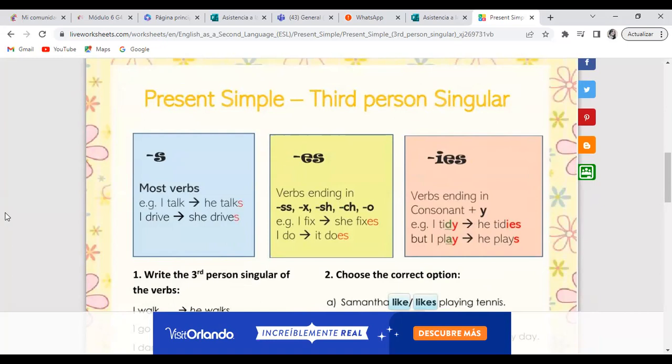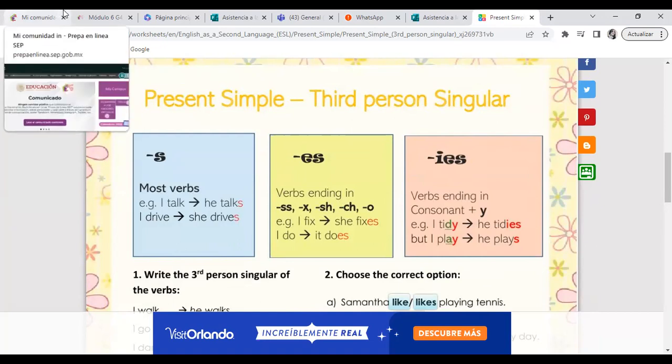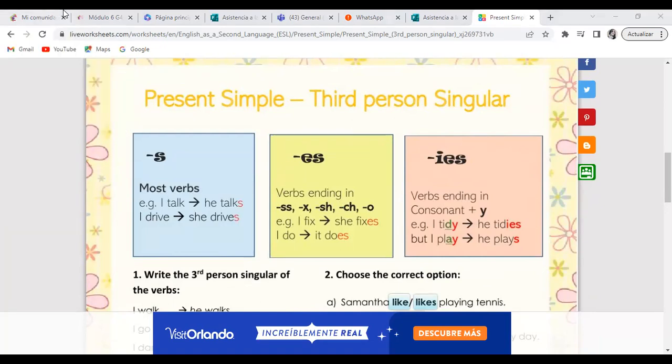You are going to talk about he or she. And that is why you need to be aware of the conjugation of verbs in affirmative, guys, only for the third person of singular.